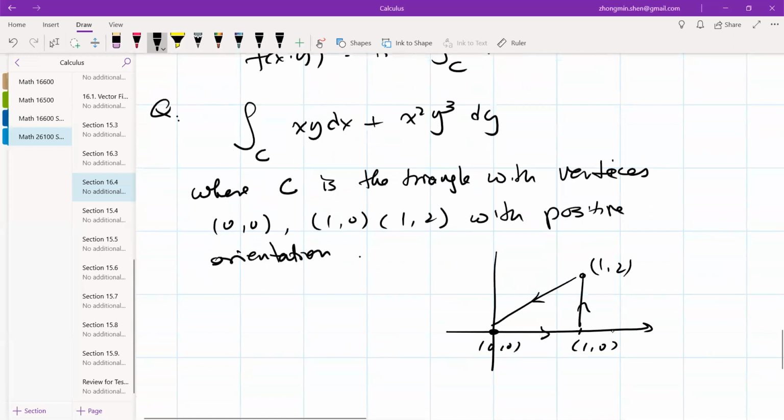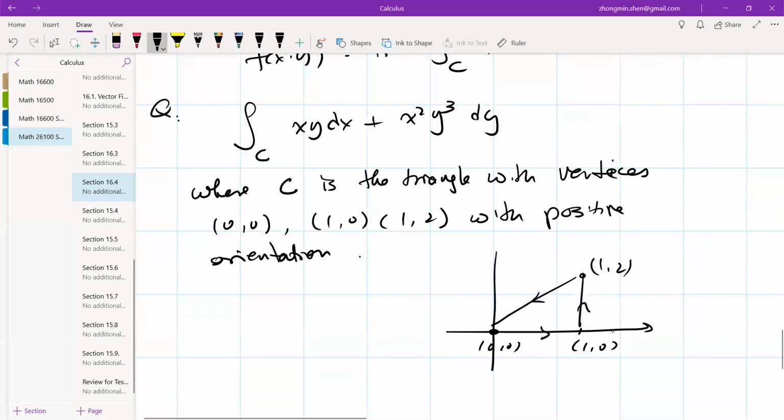Now, if you're given a line integral like this, it's a closed curve. Be careful. When it's a closed curve, you have two options. Either you parameterize the three pieces and then use the formula for line integrals, then you can evaluate. Or we can use Green's theorem.